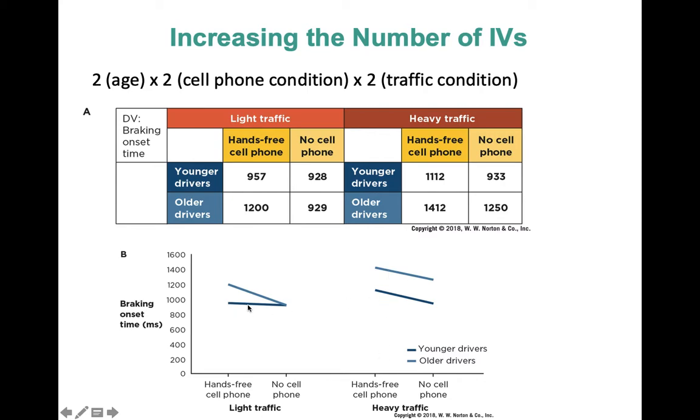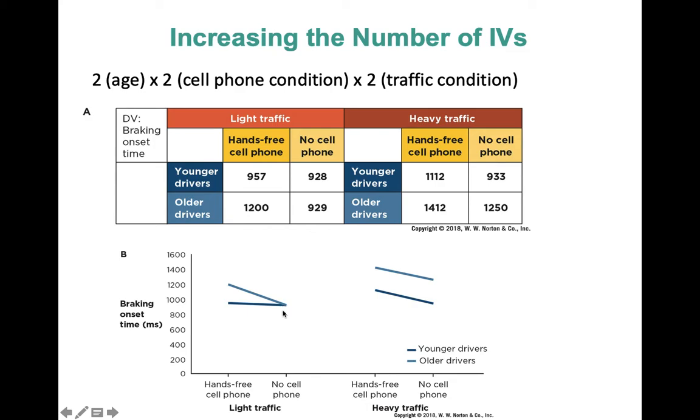Notice, however, that the phenomenon is different when driving in light traffic. Younger drivers, one, they brake quicker than older drivers in general, or overall, okay? But it really does depend on whether or not they're using a cell phone or not.